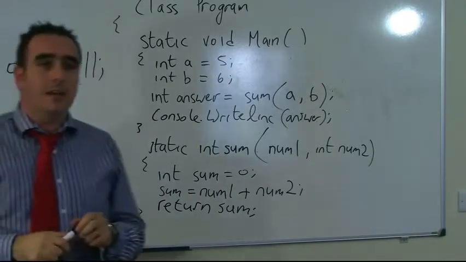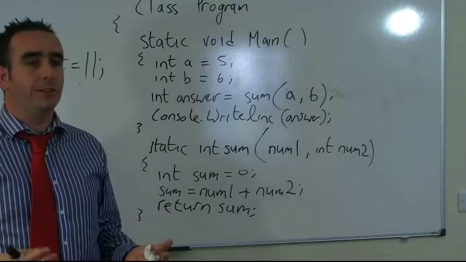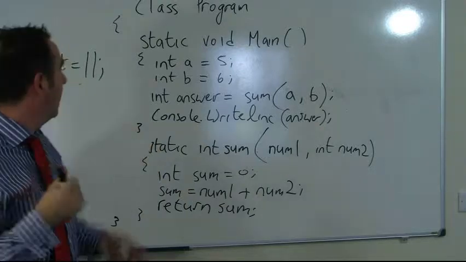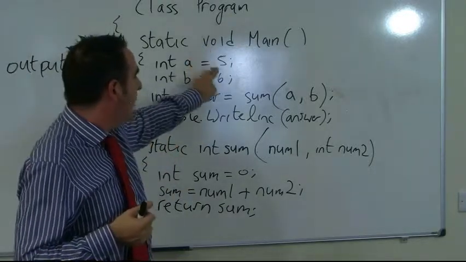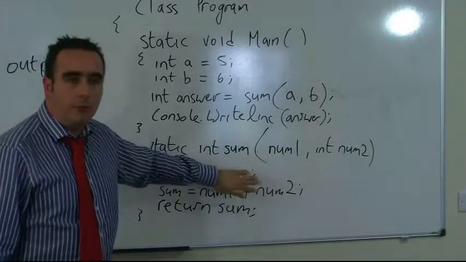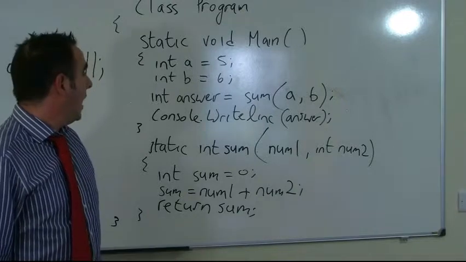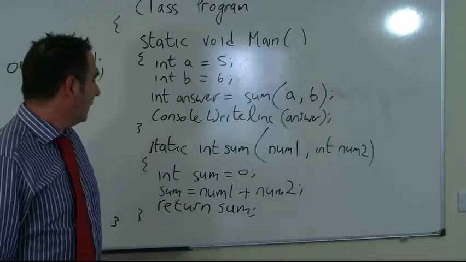Okay, so guys, I'm going to leave it there. That's a basic introduction to what methods are, why we use them, how we can pass information into our methods. We do processing on that information, and we return the result back to main. And that's pretty much what it is.